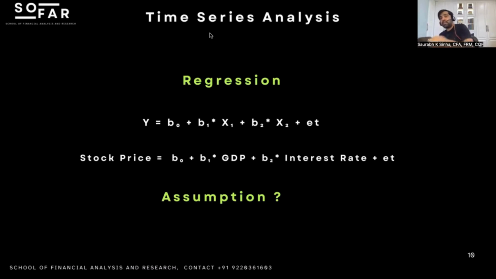Very good. Error term is independently normally distributed with a mean of zero and a constant variance. Everyone remembers this assumption repeated 100 times? So let's write this assumption.